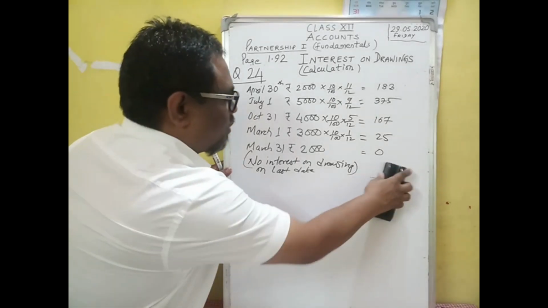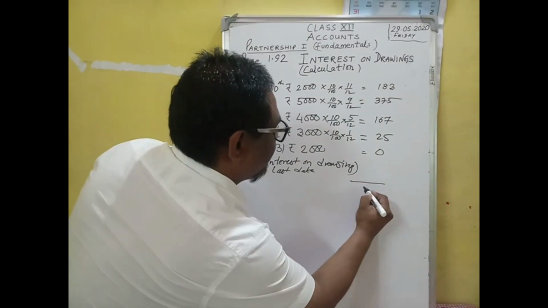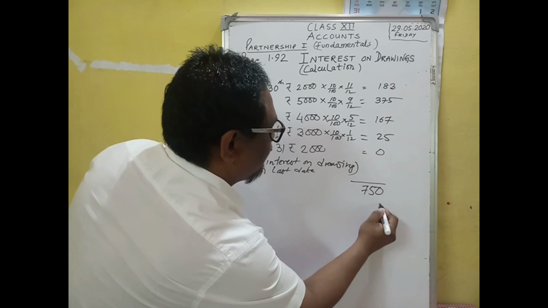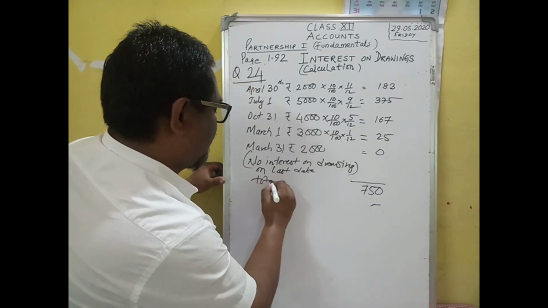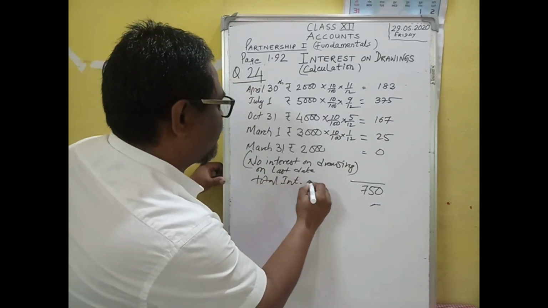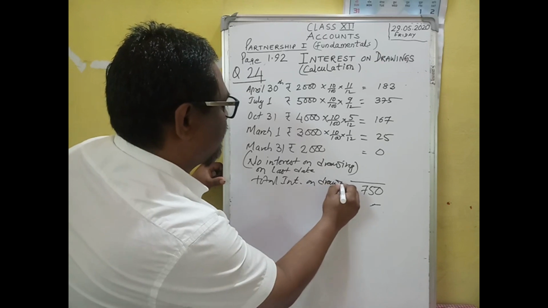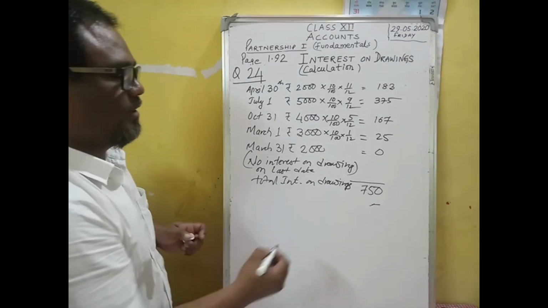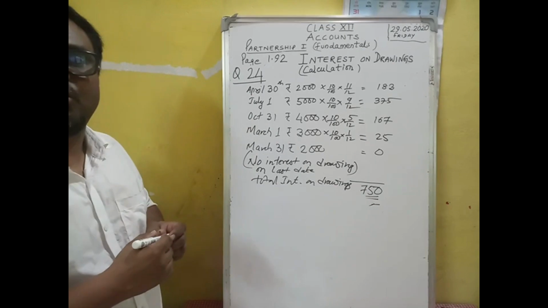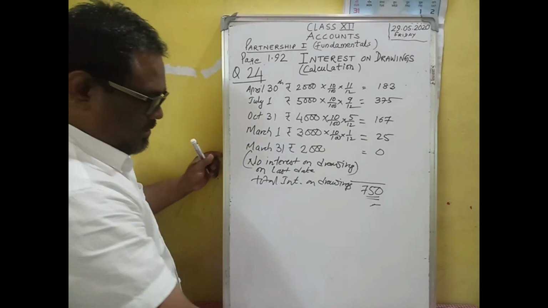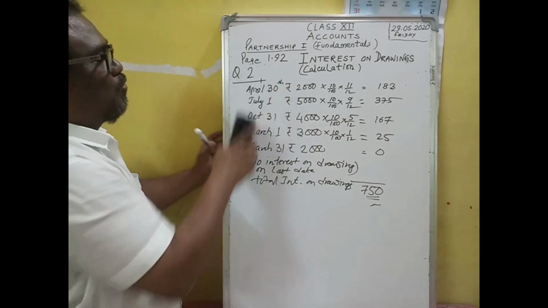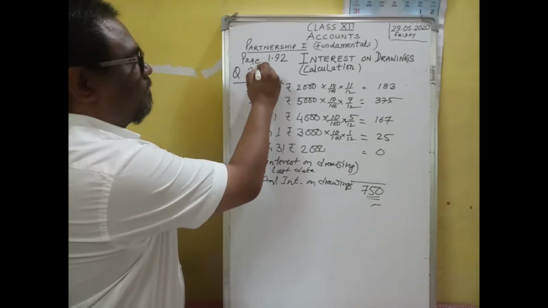So the total interest on drawings is 750. Now, next, question number 25.